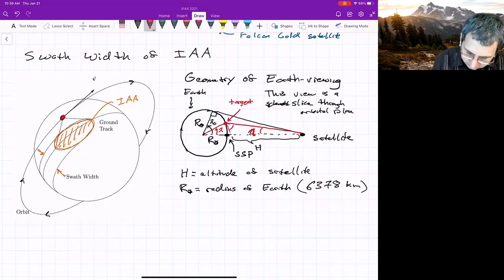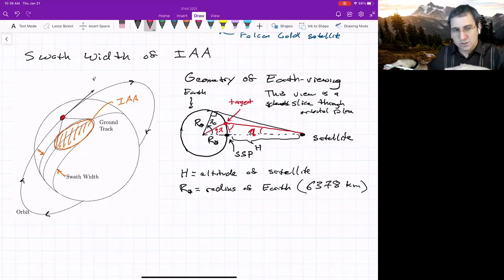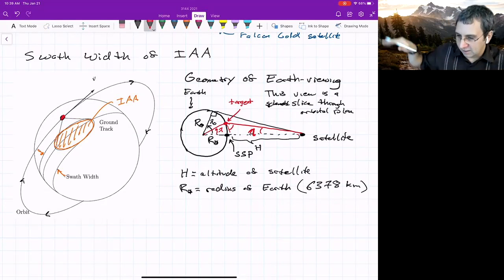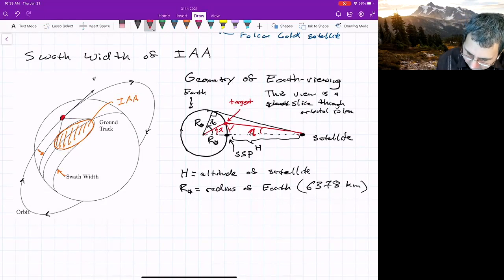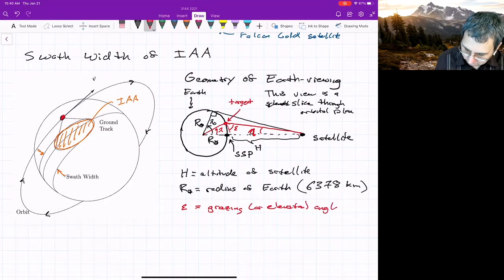And this angle, if you're on the surface of the Earth, the tangent to the Earth compared to the satellite, we'll call that epsilon. So epsilon is called the grazing, or sometimes called the elevation angle. And it's going to be between 0 and 90 degrees.